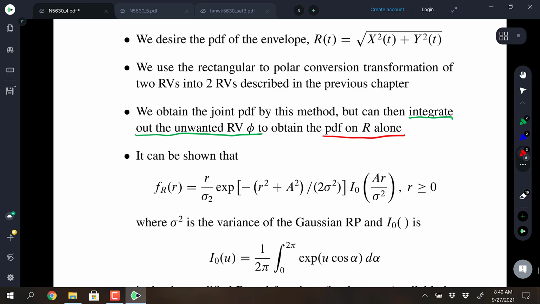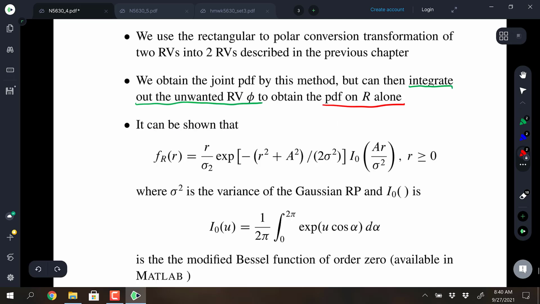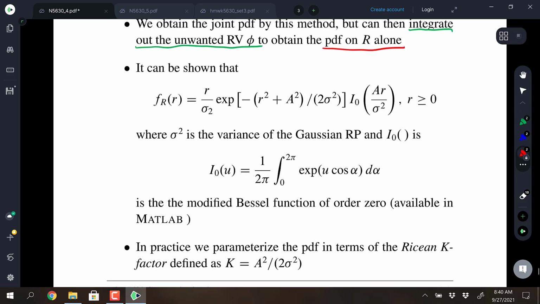So it has this I0 Bessel function in it. And A is the amplitude, R is the random variable itself, and this is where I0 comes from in the tables. It's a modified Bessel function.